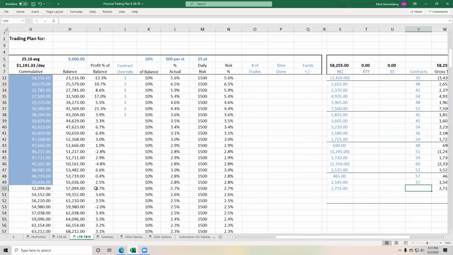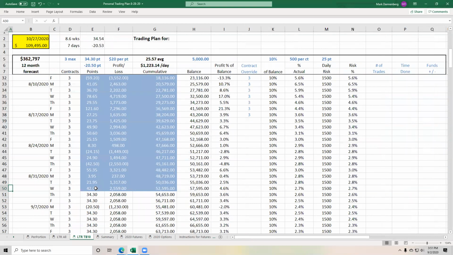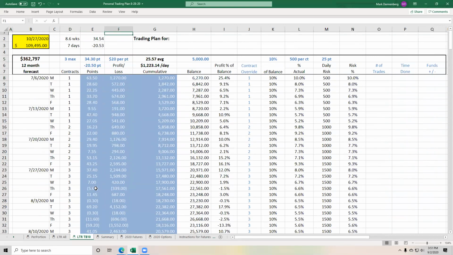We did 13 trades, same as our 9:30 to noon category, so 39 contracts, 3 contracts per trade. So our profit today was $2,559. That's the net after fees and commissions. Okay, so we're going to use the same process up here. Our winning days are averaging 34.5.